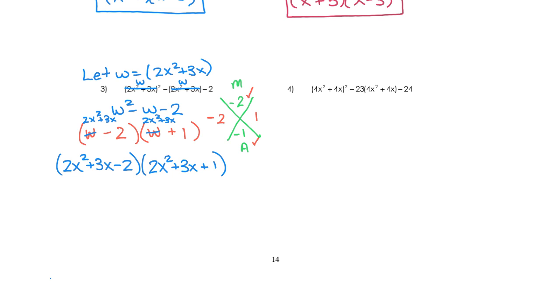So with this trinomial here, this first one, because it is a hard trinomial, because of this 2 out here, our multiply is actually going to be negative 4. And our add is going to be the 3. And if we think about the numbers, they have to be 4 and 1, and the 1 must be negative in order for the multiply to work and the add to work.